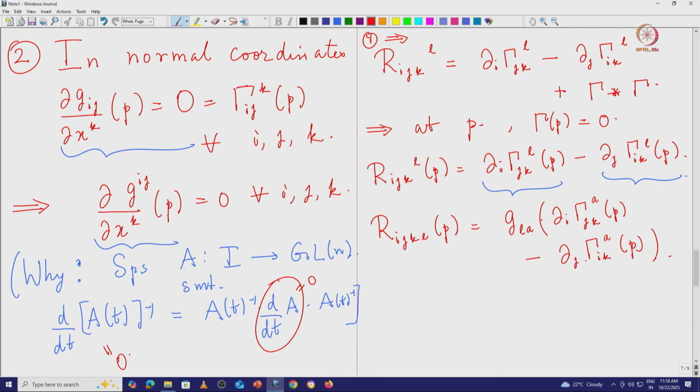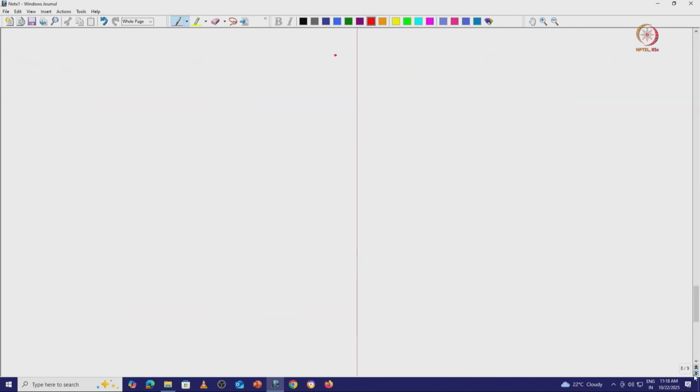All right. So now let me compute what these things are. The first term in the expression is basically g_lA times del i of gamma jk A. To compute this, recall the formula for the Christoffel symbols.